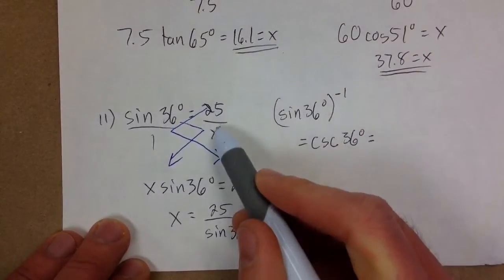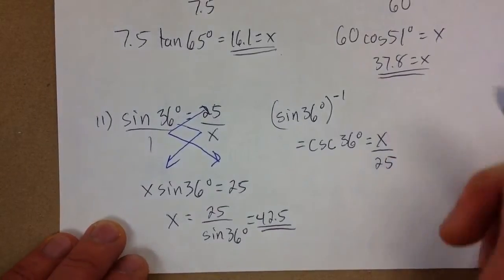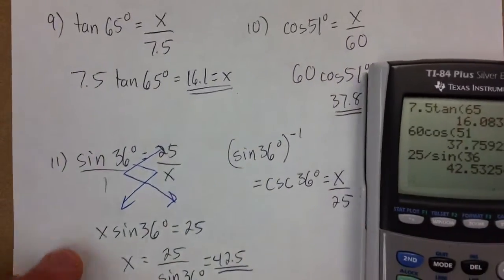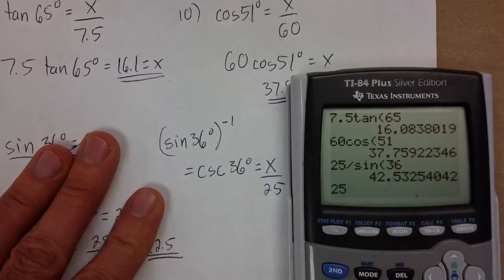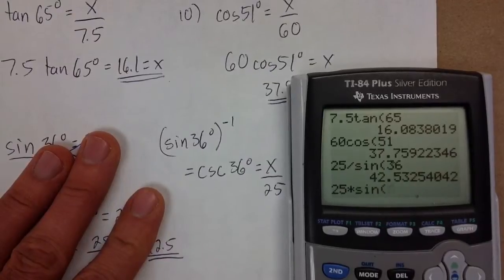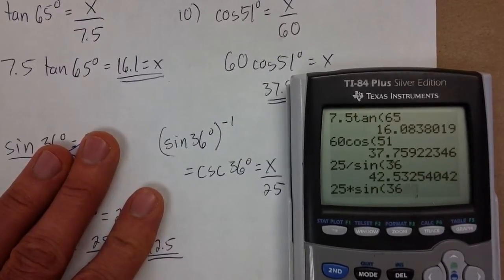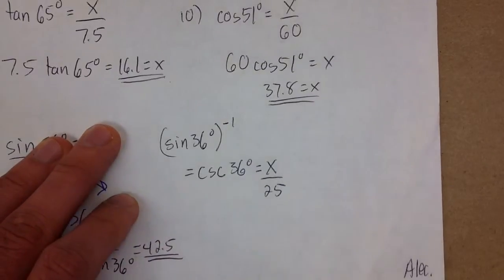We would have to take the reciprocal of the other side, which equals that. Absolutely. Nice job, James. 25 times the reciprocal of the sine of 36 is 42.5.